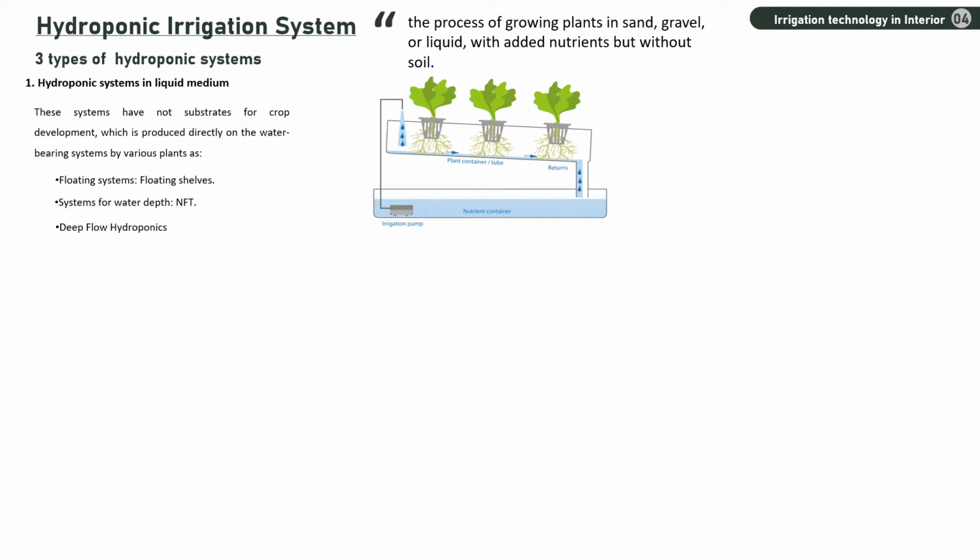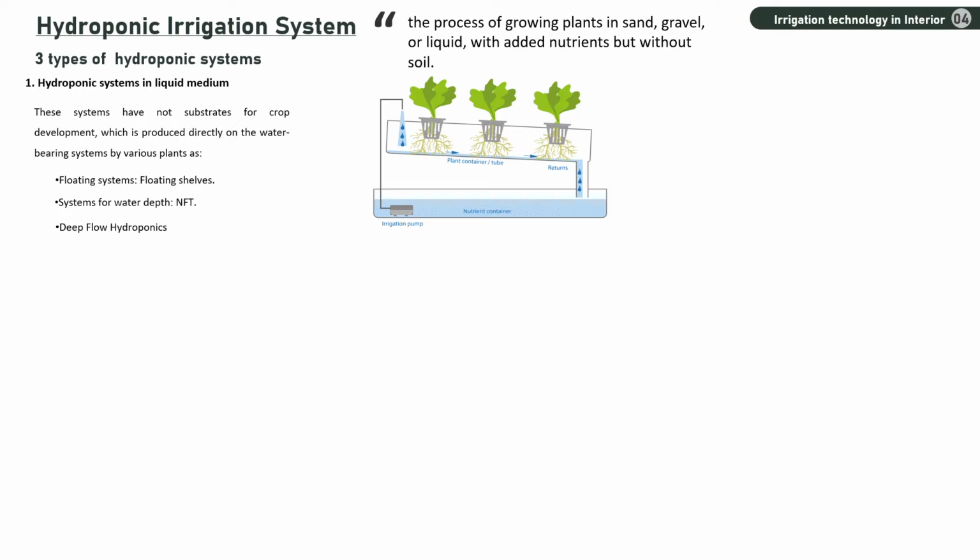Lastly, we have the deep flow hydroponics. The deep flow technique is actually a variant of the NFT technique. It makes this type of hydroponic system safer as the roots are still supplied in the event of a pump failure.